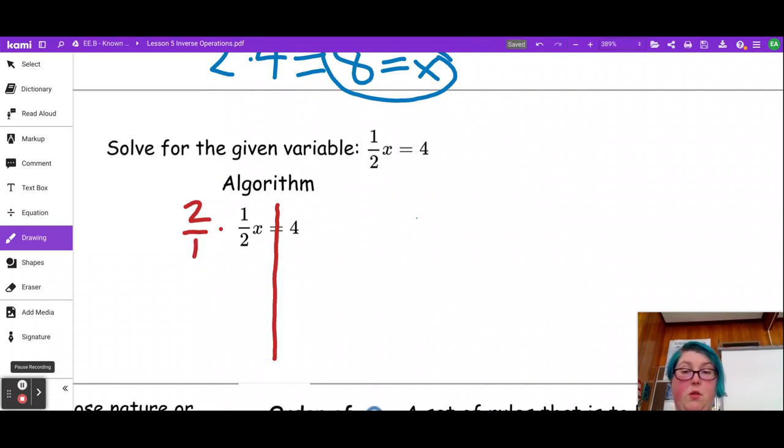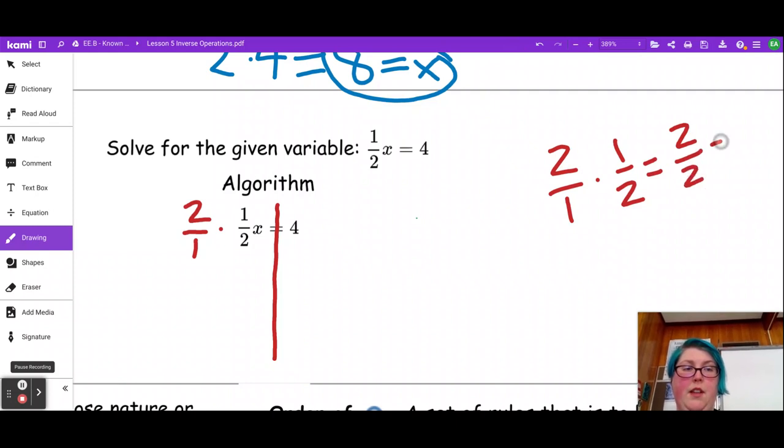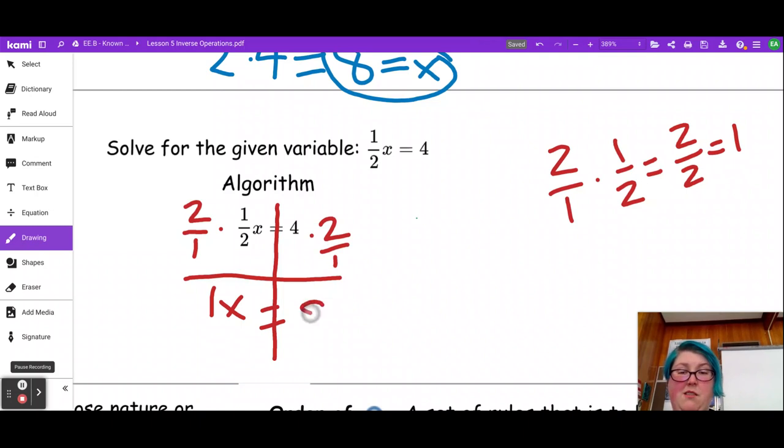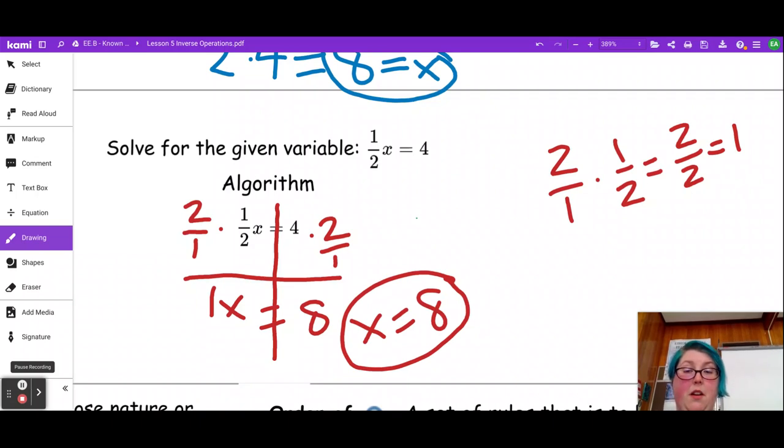So it's 2/1, because if we have 2/1 times 1/2, that equals 2/2. That equals 1. So that will be 1 on this side, 1x. What we do to one side, we have to do to the other. So that becomes 4 times 2/1, which is still 8. So our answer is x equals 8. It's the same as we got with our model above.